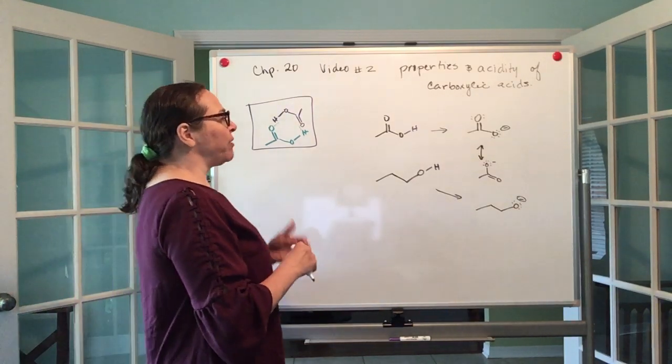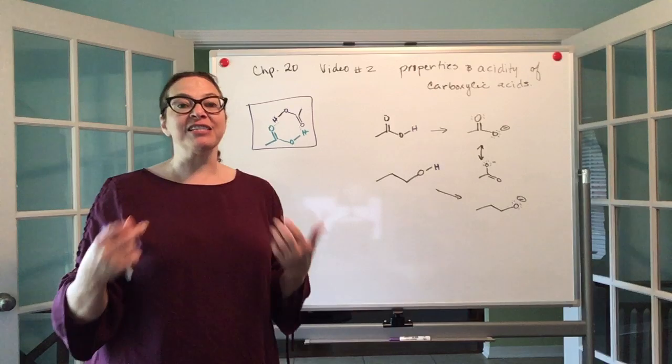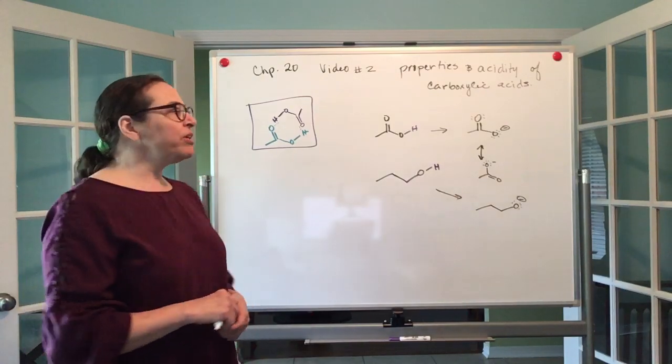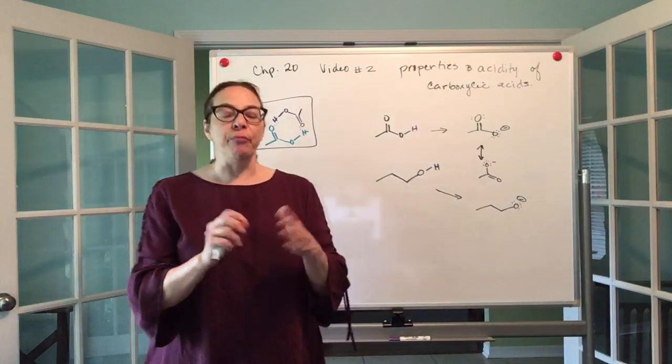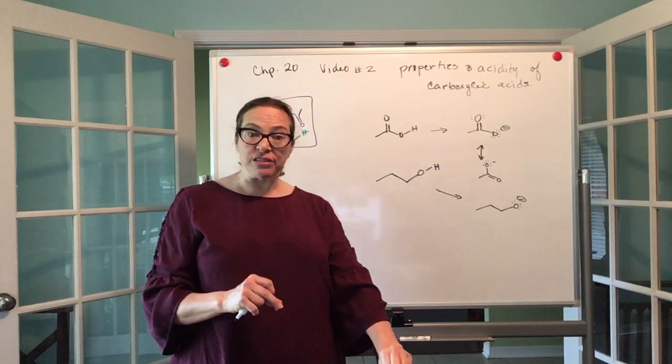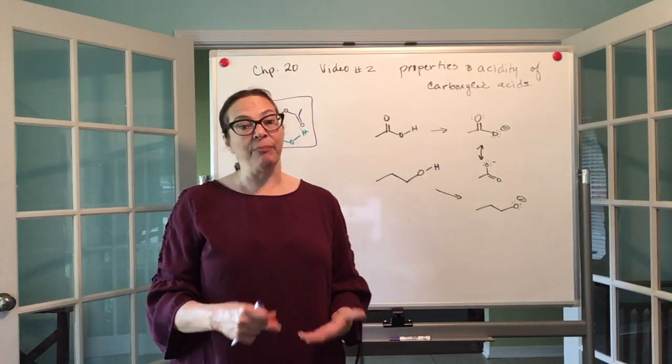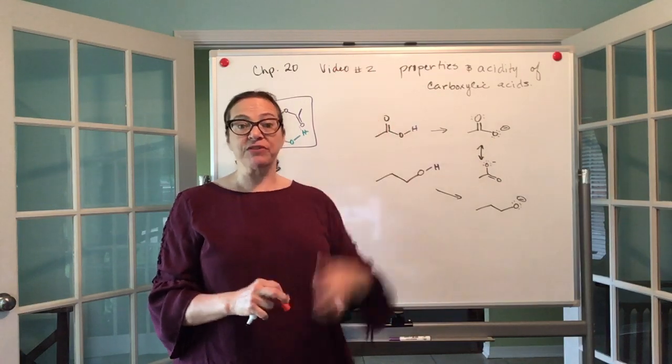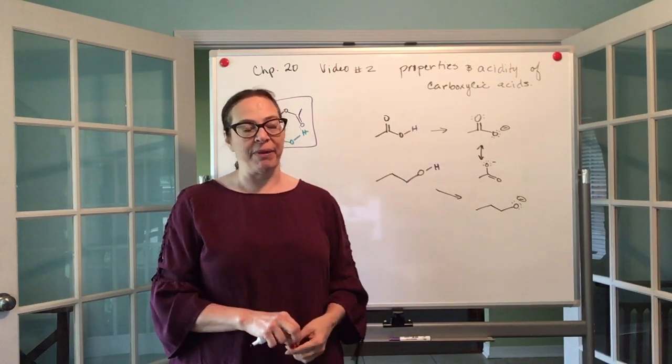In addition, carboxylic acids tend to be very acidic compounds. When we talk about acidity, for the most part, you're used to the idea of a pH. The lower the pH is of something, the more acidic that compound is. The higher the pH of something is, the more basic that compound is.